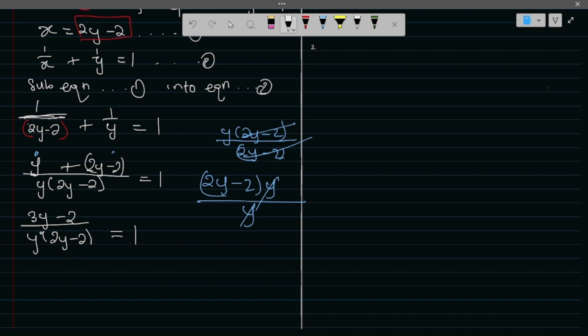So basically now we have a fraction. To get rid of this fraction, we need to multiply by the denominator, which means you also multiply the left hand side by the denominator.